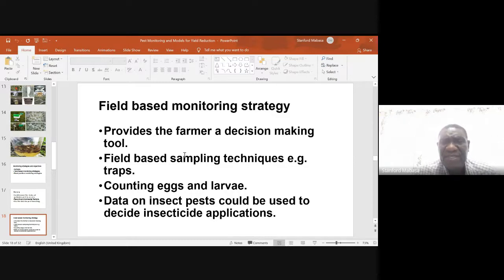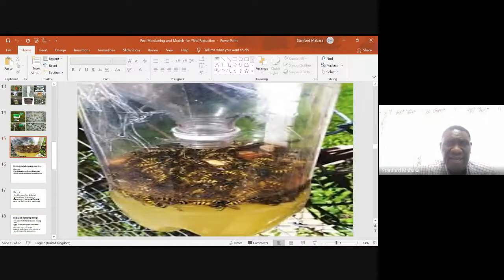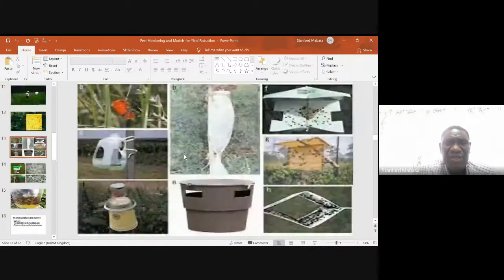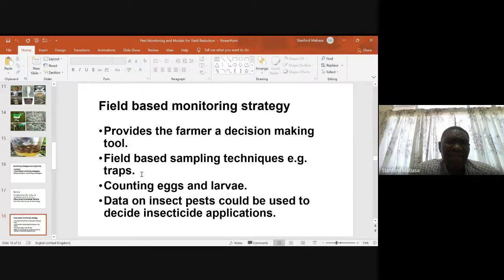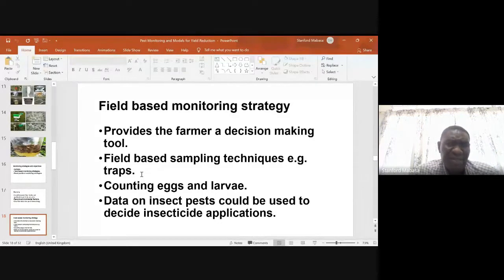The field-based sampling techniques can use traps, like some of these which we have talked about. So they can use traps, or we can actually count eggs and the larvae. These are certain stages, growth stages of insect pests.